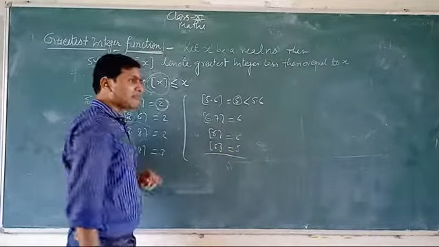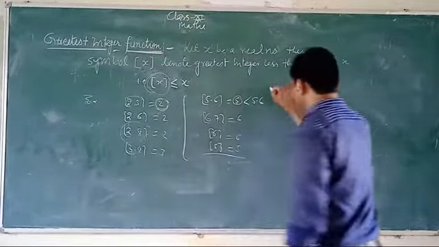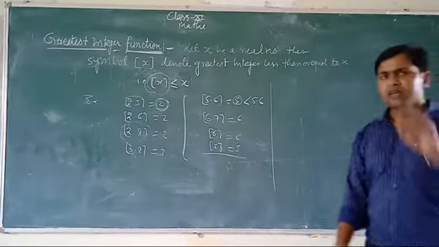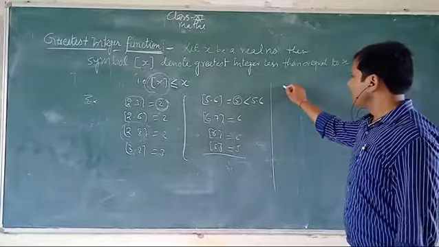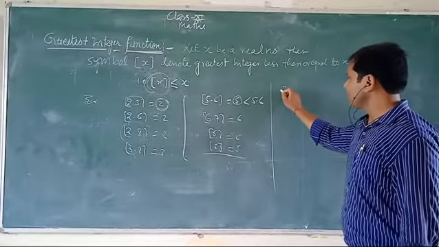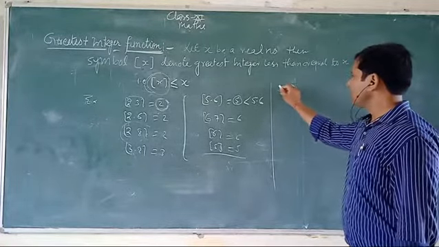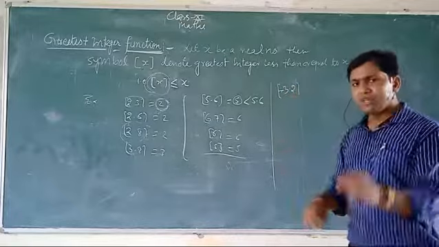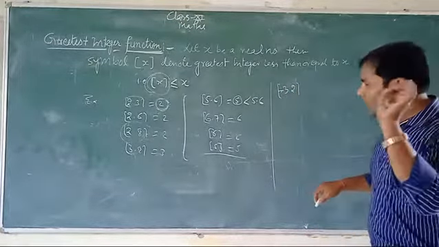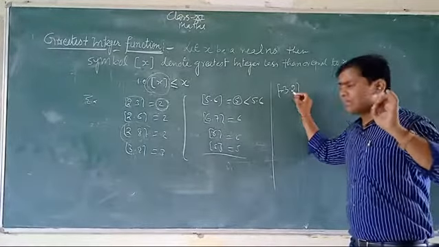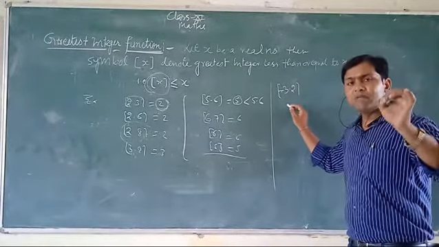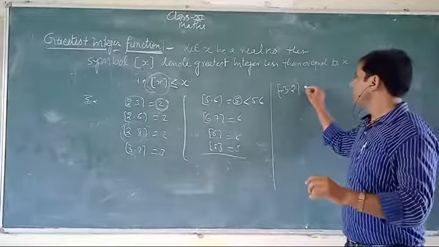Okay, but when we are taking a negative fractional value, any real number, suppose that minus 3.2, this means the integral value less than minus 3.2 will be minus 4.